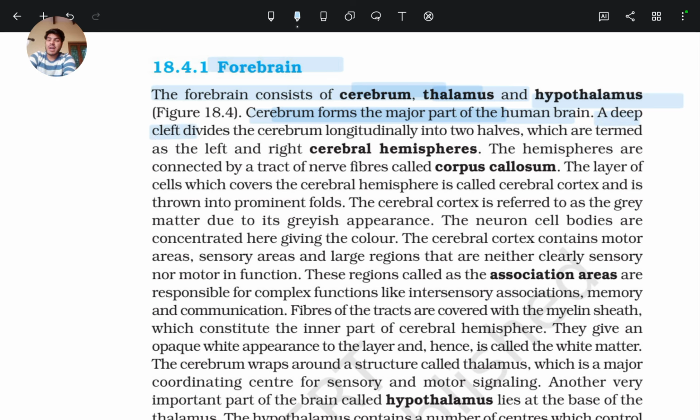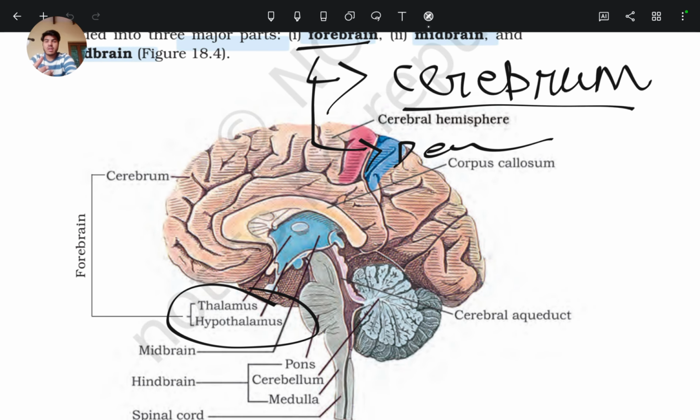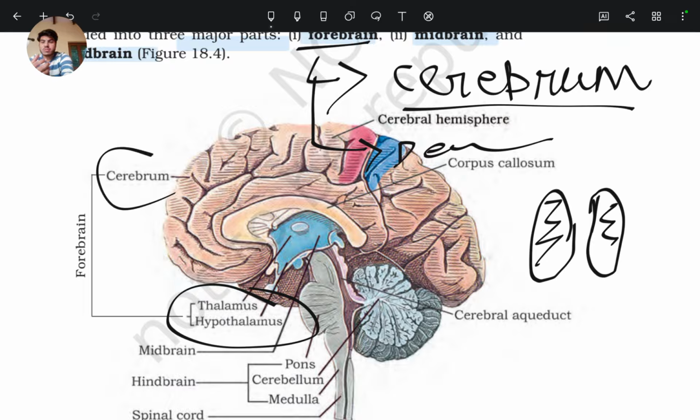A deep cleft divides the cerebrum longitudinally into two halves, which are termed as the left and right cerebral hemisphere. So this is the cerebrum, part of the forebrain.